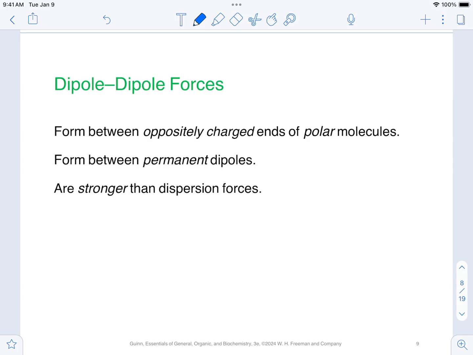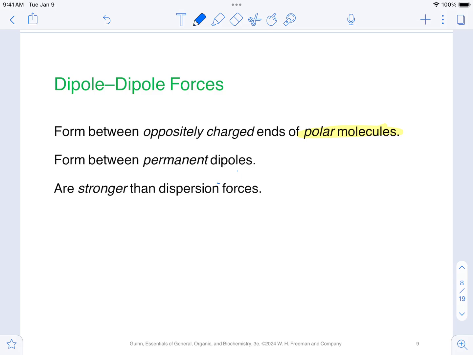The next intermolecular force is called a dipole-dipole force. You have to have oppositely charged ends of polar molecules here. So very important that this is only in polar molecules. So we will have to use our knowledge of polarity and determine if the molecule is polar or nonpolar. If it is nonpolar, we do not use dipole-dipole forces.